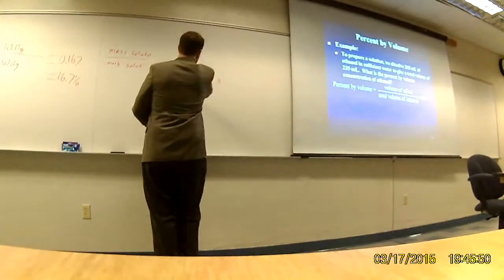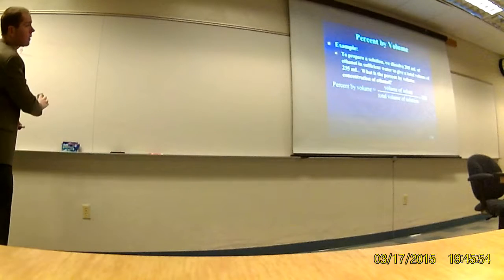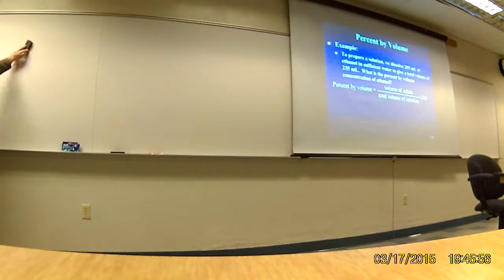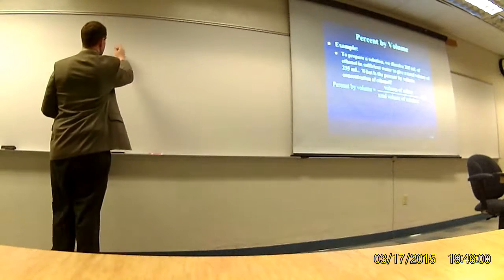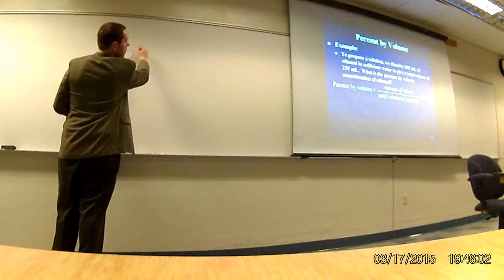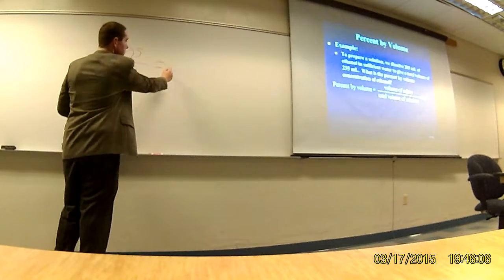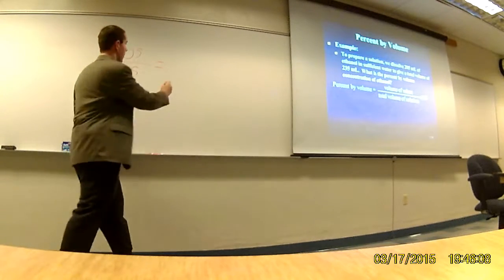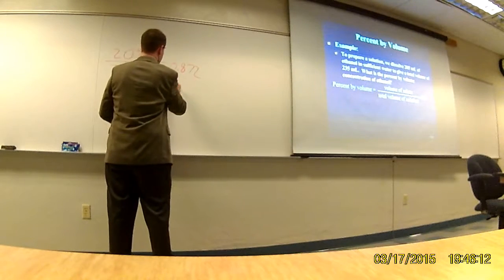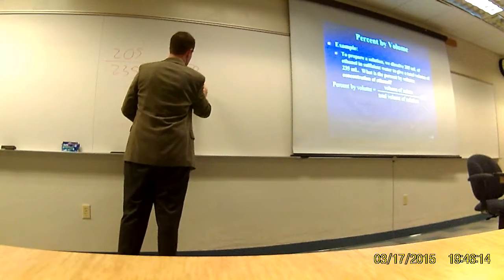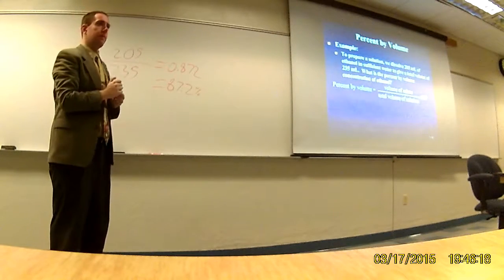What number goes on top of my fraction? 205. On the bottom? 235. So you have 205 divided by 235 equals 0.872, which equals 87.2%. That easy.